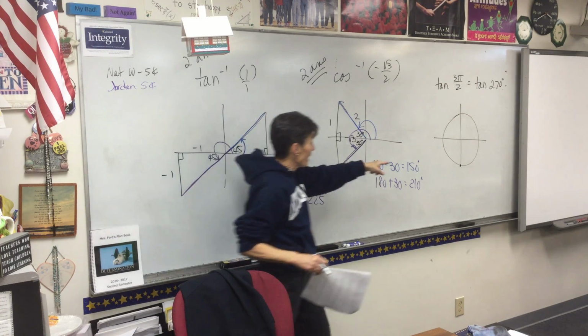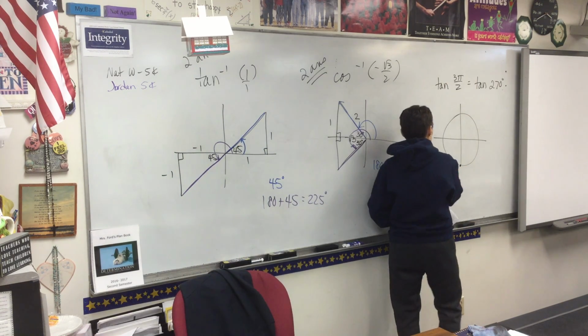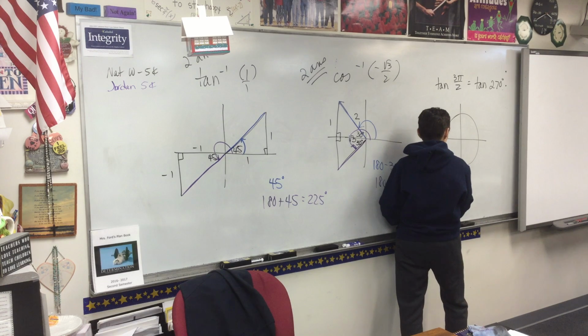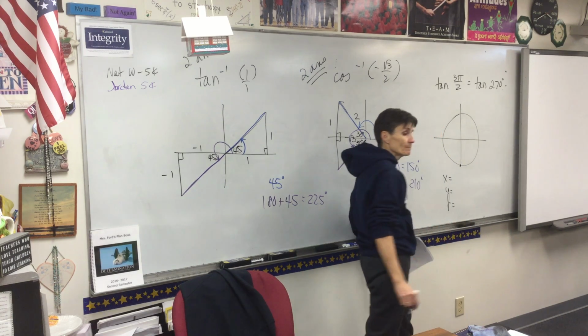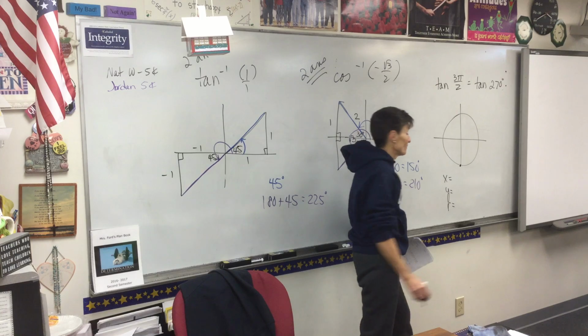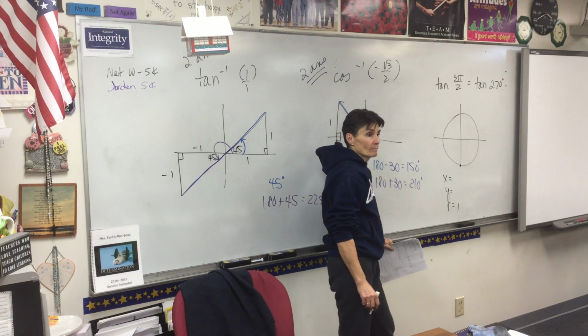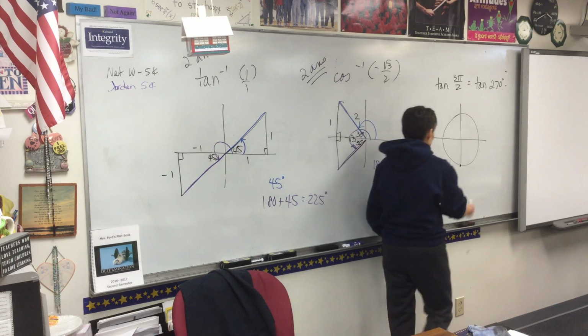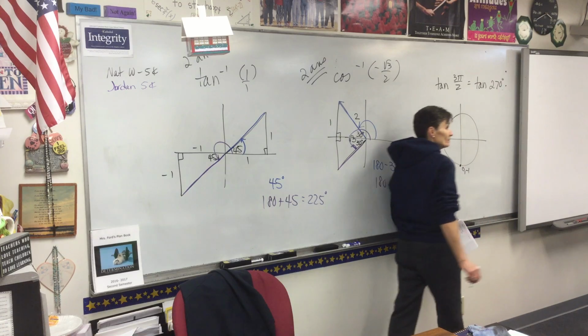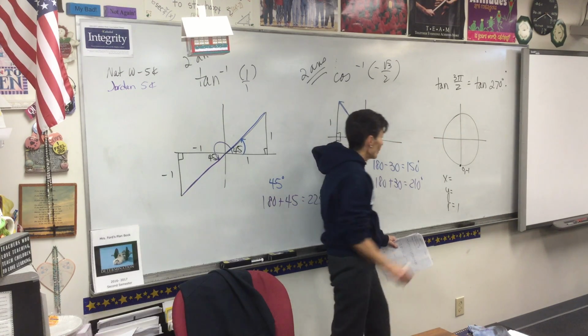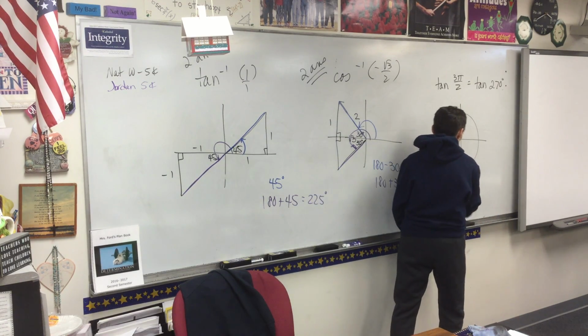It's on the axis. So when we're on the axis, we need to figure out our x, y, and our r. We really don't have to figure out our r. Our r is 1. What's our x and our y? So x is 0 and y is negative 1.